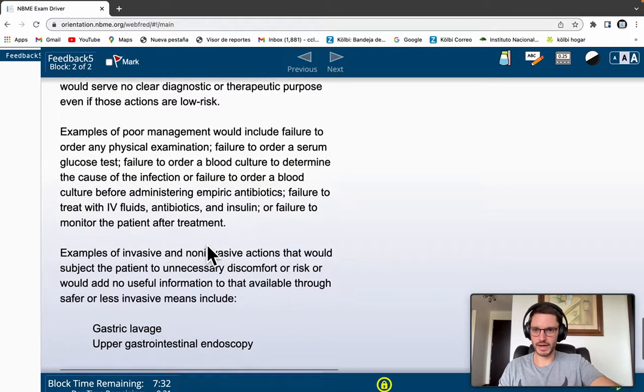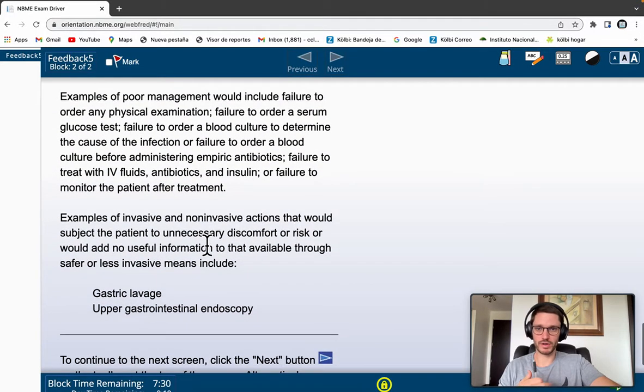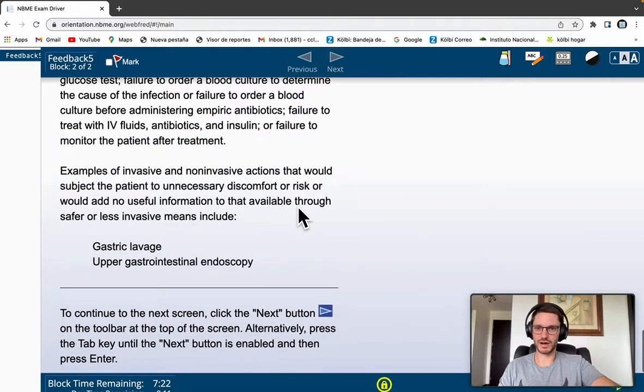Examples of poor management. I would actually give myself a bad grade in this case because of not giving the insulin, which in and of itself should decrease points. Fail the case, not sure, but definitely decrease points.